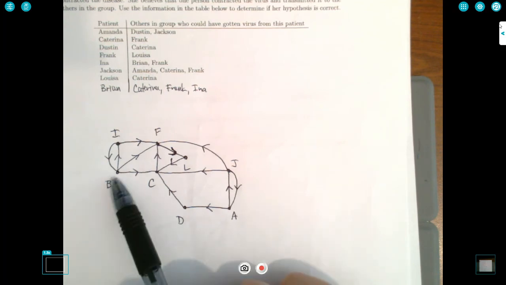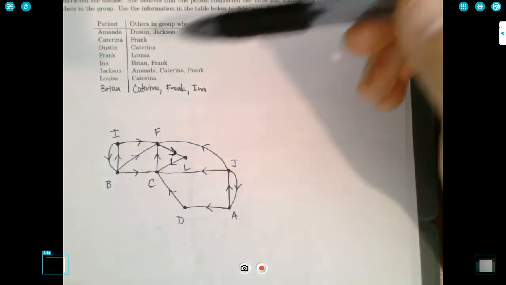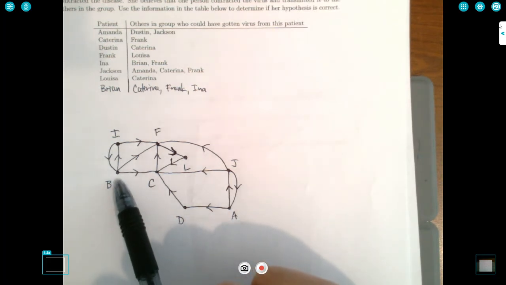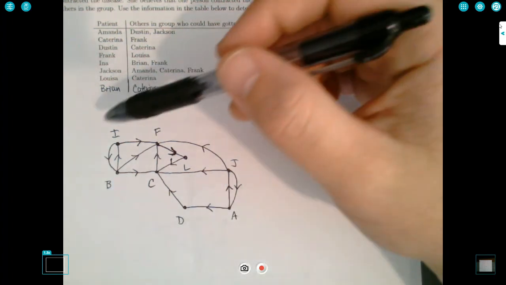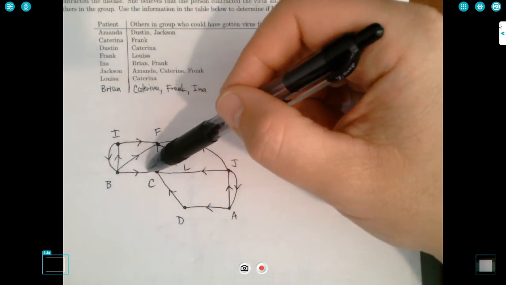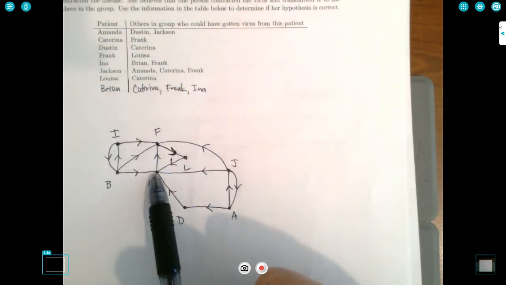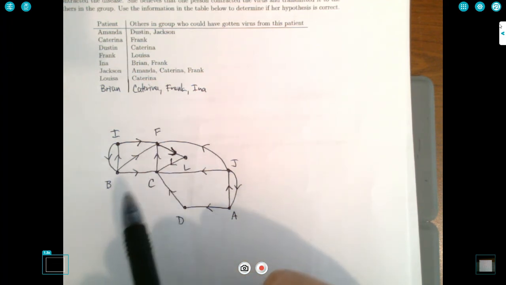Is it possible the virus started with Brian? If the virus started with Brian, there would have to be a directed path going from Brian back to Amanda. Is there? We could get from Brian to Katerina, and then from Katerina we end up in this never-ending loop, so I want to avoid Katerina.